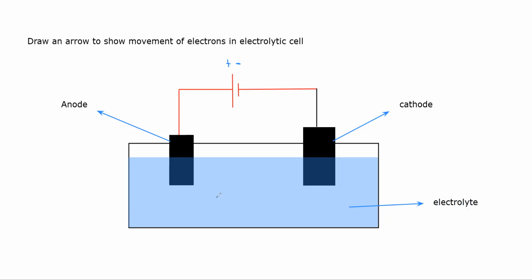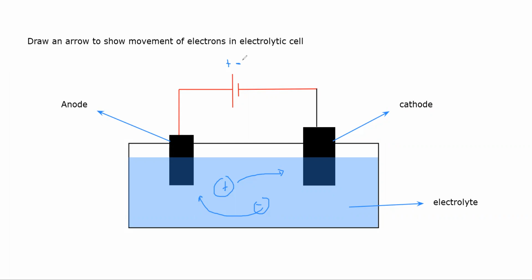And within the solution, you have normally ions, positive and negative ions. The positive ions are known as cations, negative ions are known as anions. Now, if a question is draw an arrow to show the movement of electrons in an electrolytic cell.